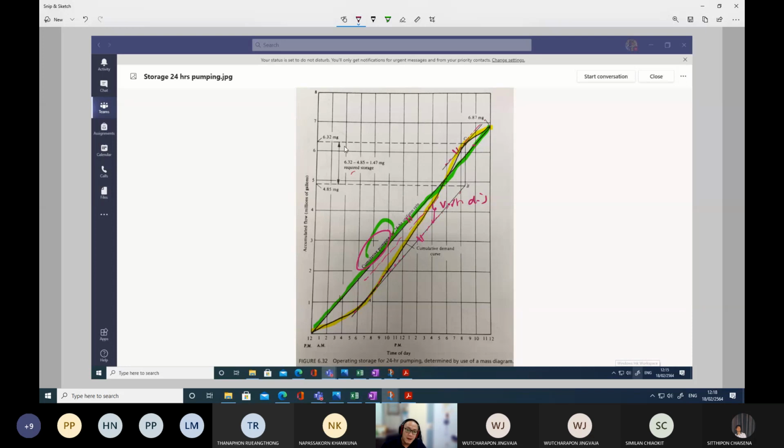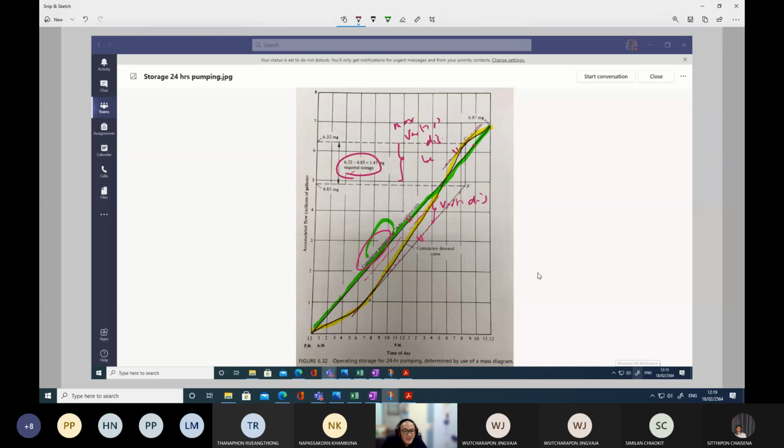The maximum vertical distance between the two tangents is equivalent to the required storage.